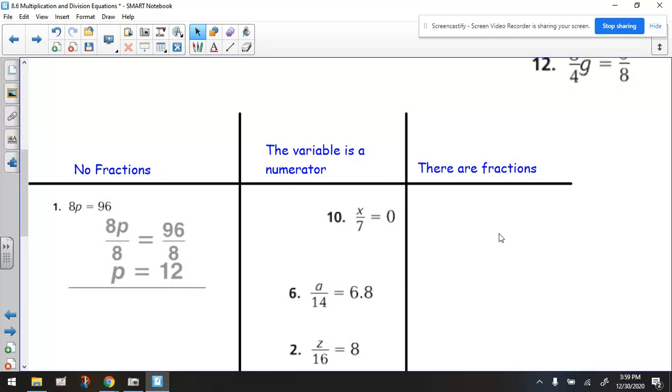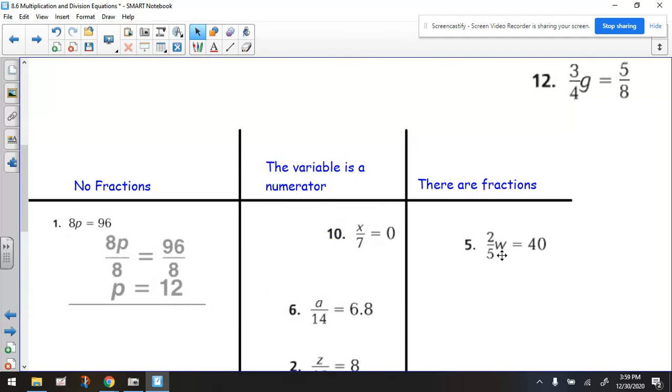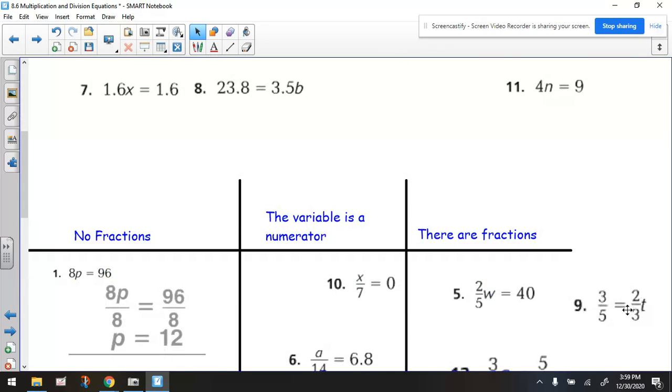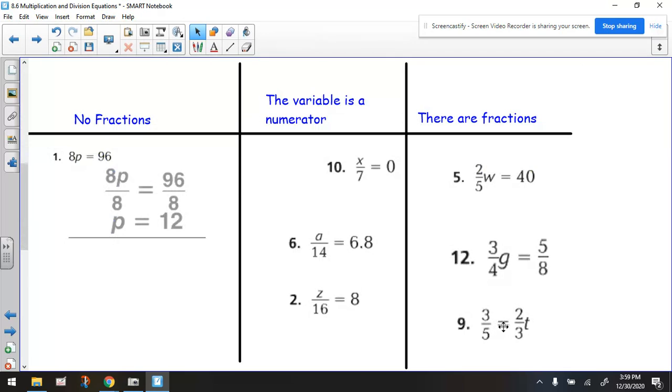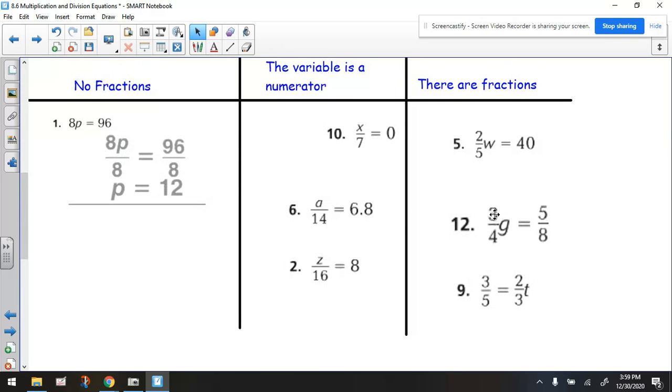All right, and then we have ones where there are fractions. For example, number 5 has fractions in it. Number 12 has fractions in it. Number 9 has fractions in it. So the ones that I think are the most challenging are probably the ones in this far right column.